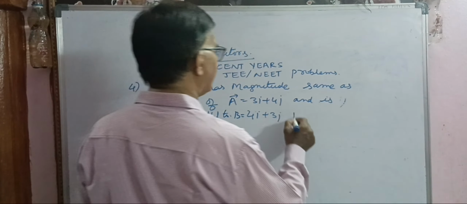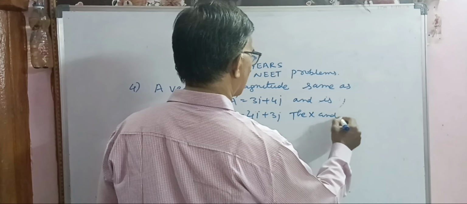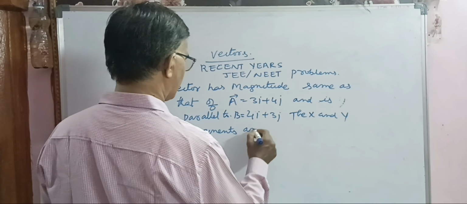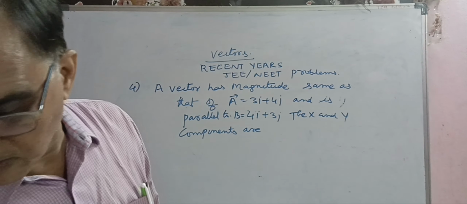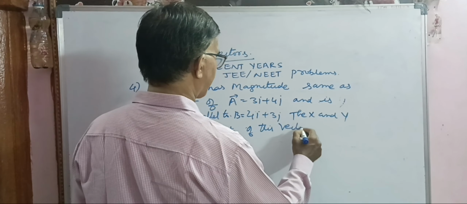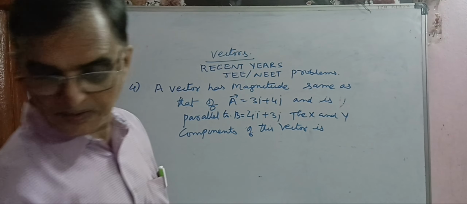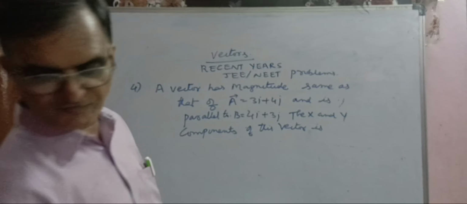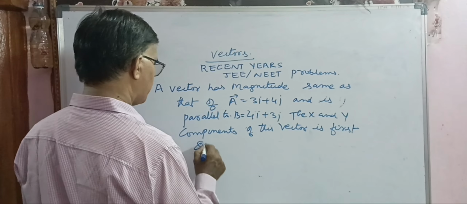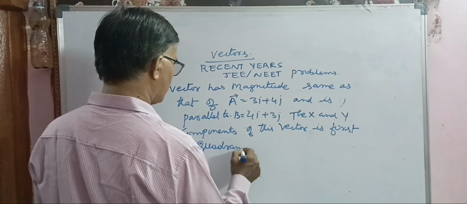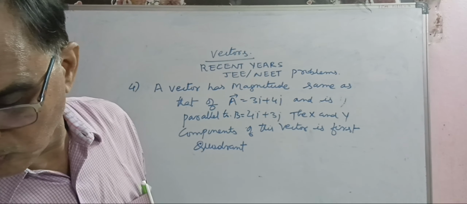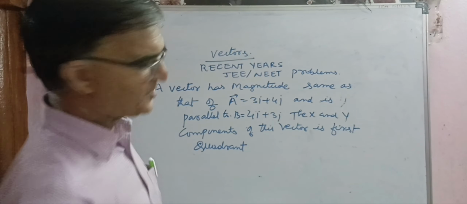The x and y components of this vector in the first quadrant are x and 3 respectively.